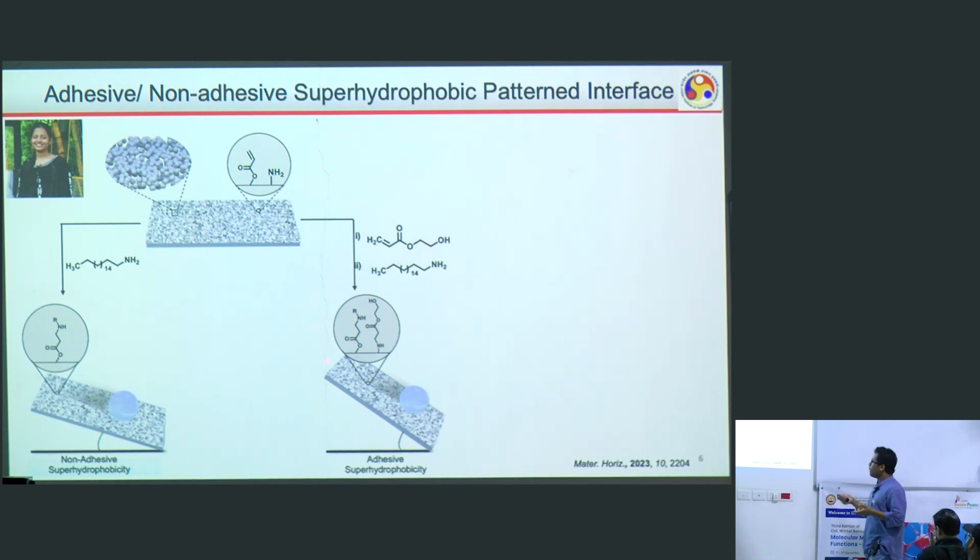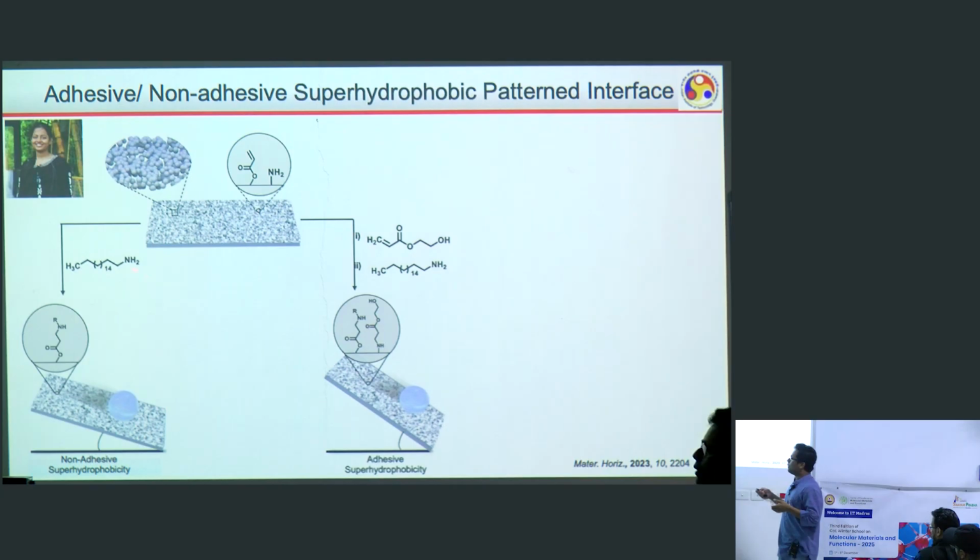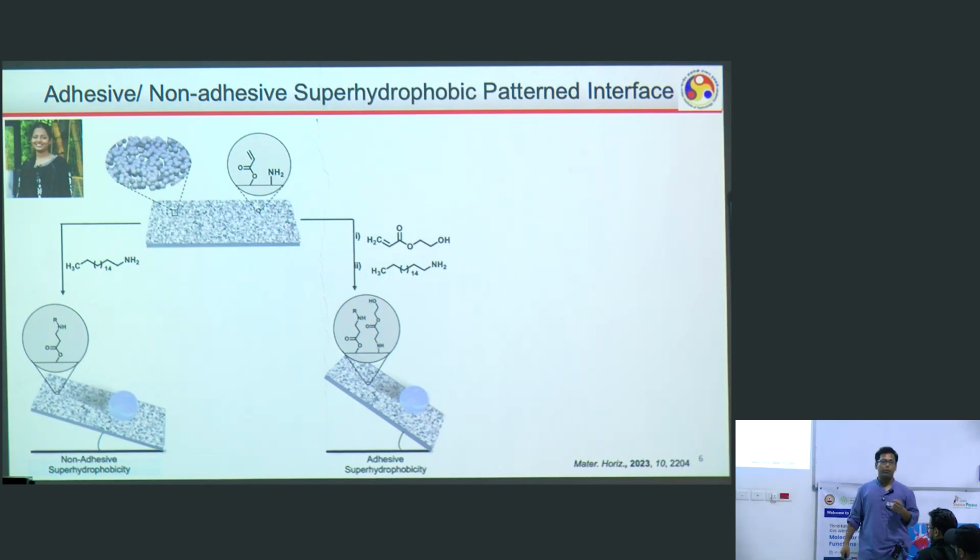So she started with the coating which is highly porous, thick, and having two different reactive functional groups. Now, once you do this octadecylamine treatment, where the primary amine of the alkylamine, more specifically octadecylamine, reacts with the residual acrylate, then you get non-adhesive superhydrophobicity.